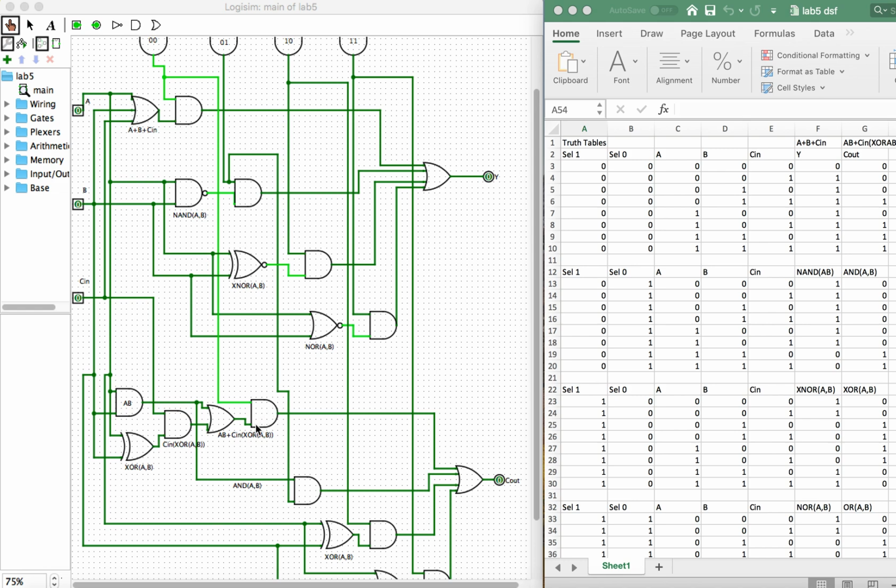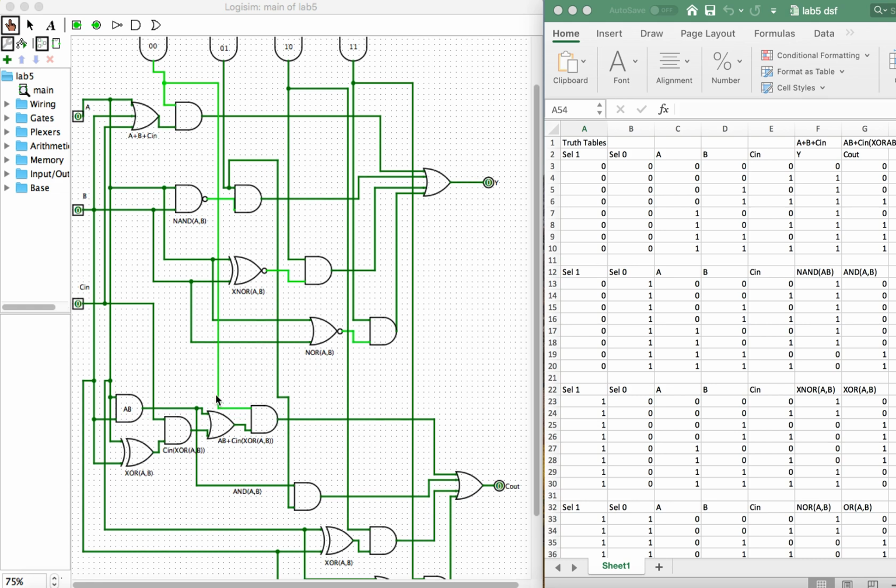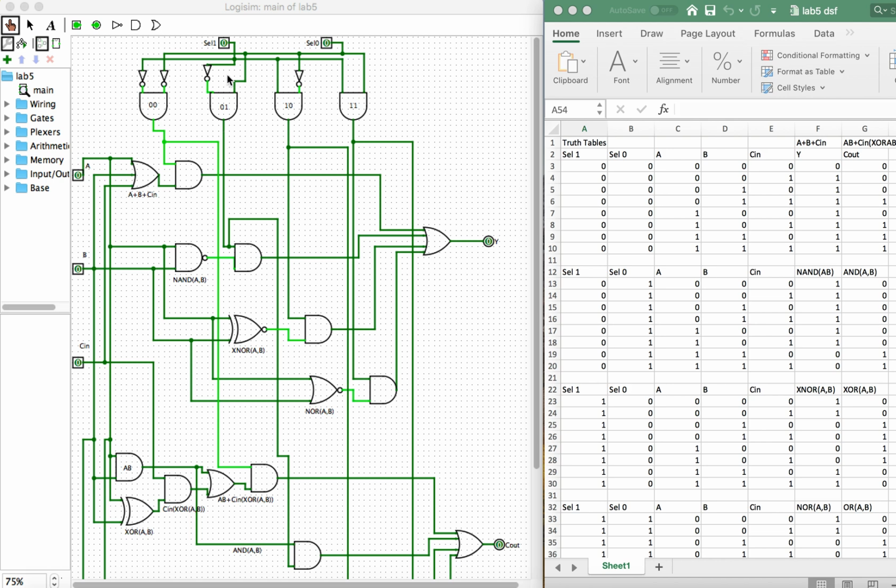But for this AND gate to evaluate to 1, it's not just dependent on A, B, and C. It also depends on the desired state for cell 1 and cell 0, dictating that that is in fact the equation for y or C out.